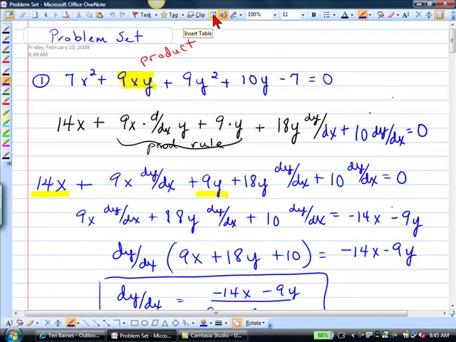If you weren't on this chapter and you just saw this on the final, some people say, well, how do I know if I have to use implicit differentiation? If you don't have y equals and have it nice and neat, you're going to have to use implicit. Okay? All right.